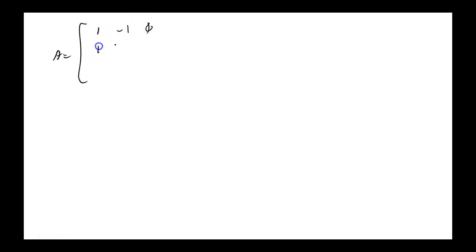Row 2: 1, 0, negative 1. Row 3: negative 6, 2, 3. Okay. How would we proceed? What would be our next step?